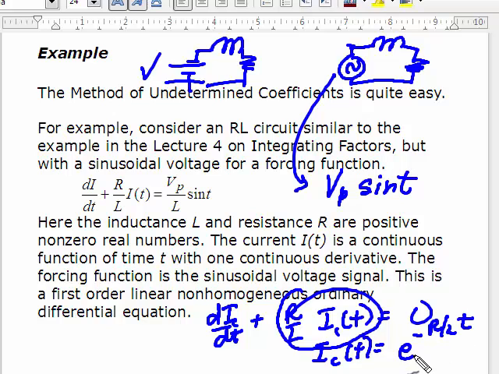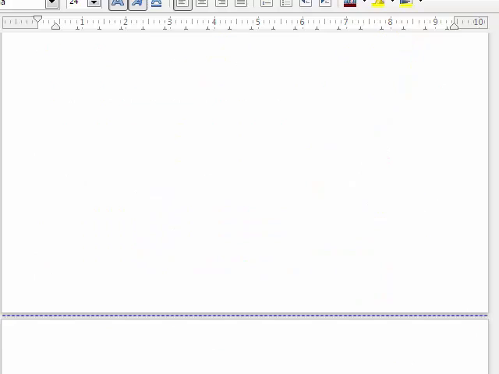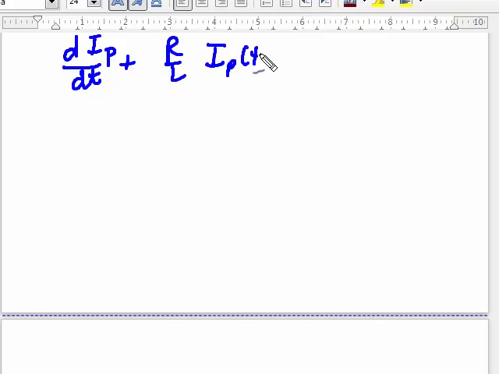Okay, so here's my complementary solution. Here's my q of t. They're dissimilar, so I can use table number 1. So here's what I have. di, this is the particular that I'm looking for, plus R over L times the particular current, is equal to peak voltage over L sine of t.